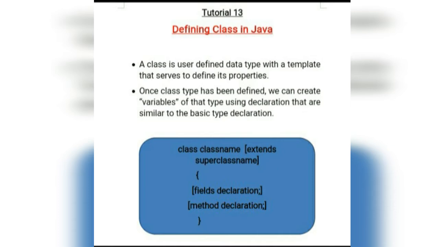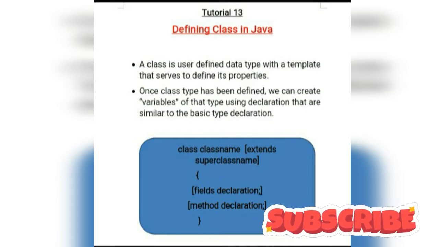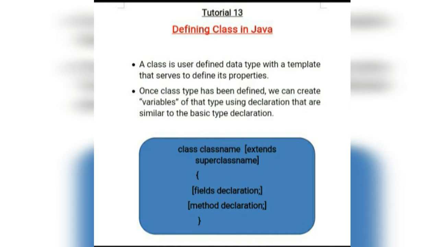Once the class type has been defined, we can create variables of that type using declarations that are similar to the basic type declaration. If you see the syntax here, the class keyword is used to define a class, where the class name will be our user-defined name, then extends super class name, which will be used at the time of inheritance.